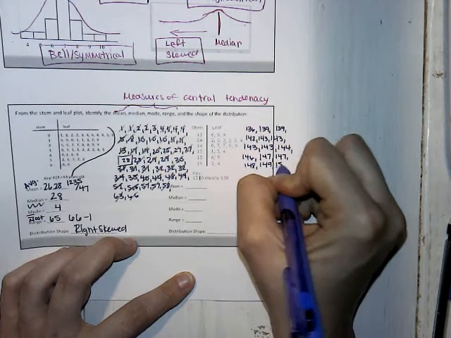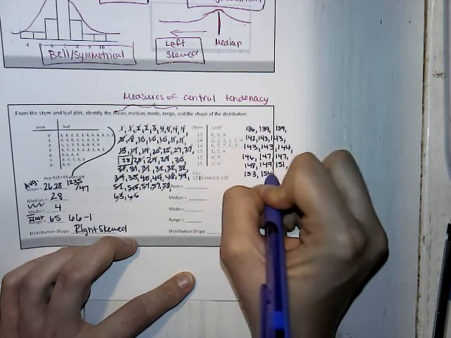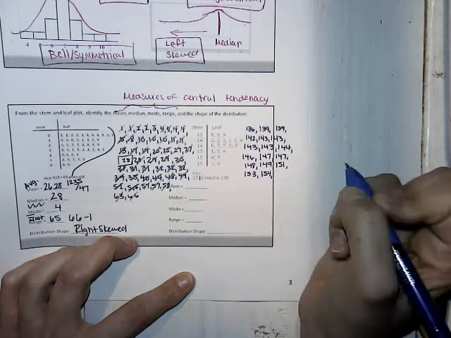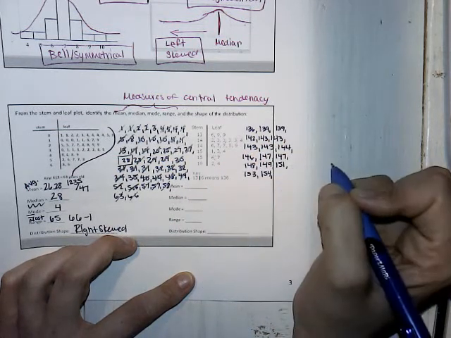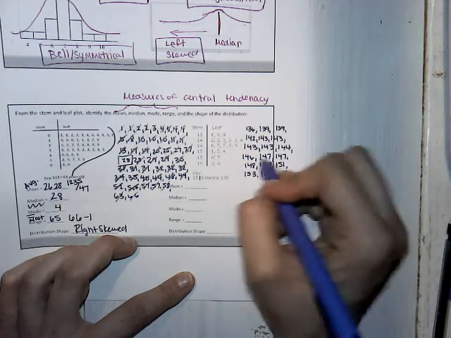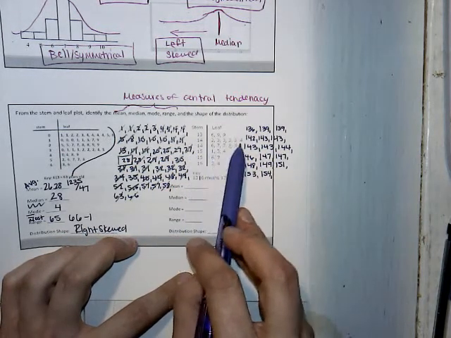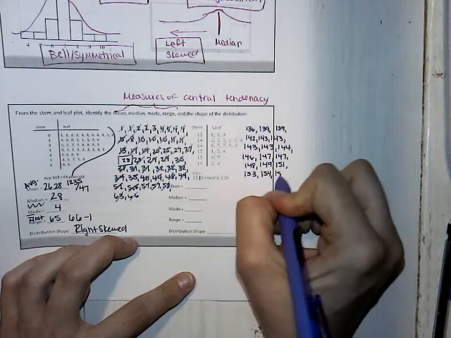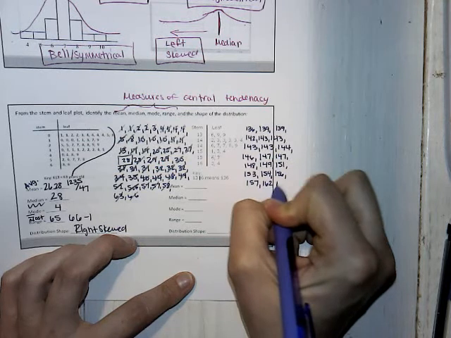Then I go to 151, 153, 154. Looks like it didn't all fit there, so it went down. 1 second. 156, 157, and 162 and 164.